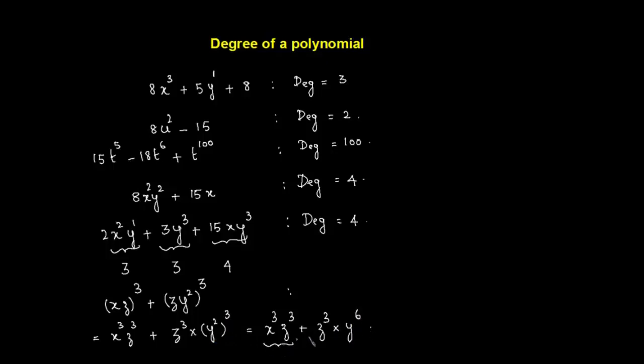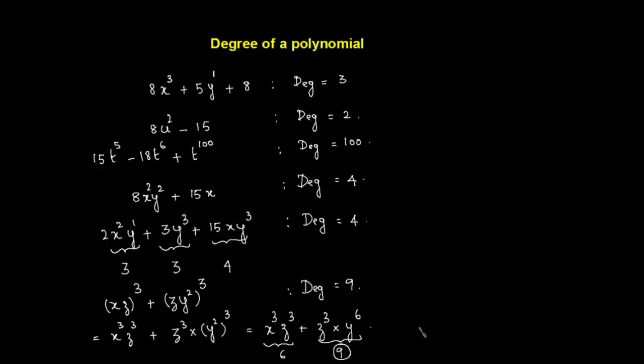Now what is the combined degree of each of these terms? The degree of this term is 3 plus 3, which is 6, and the degree of this term is 3 plus 6, which is 9. Therefore, the degree of this polynomial is 9.